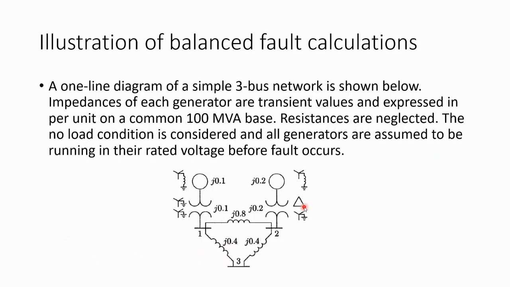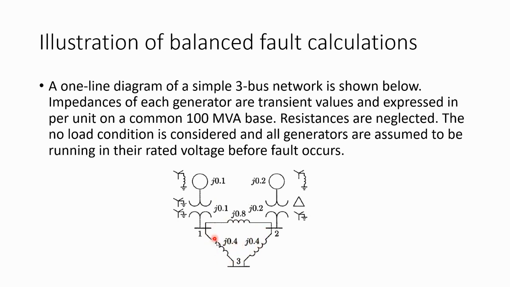To illustrate the calculations of balance fault in the second part of the videos, we present this 3-bus network in this slide, and several parameters that we need to take note of. First of all these impedances are expressed in their imaginary values only, and therefore the resistance are neglected. The networks are in the no-load condition.